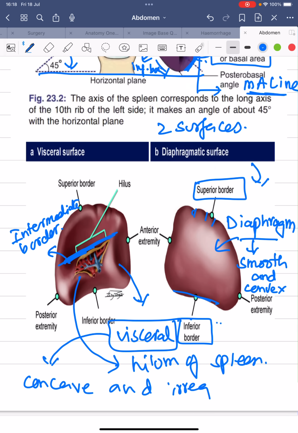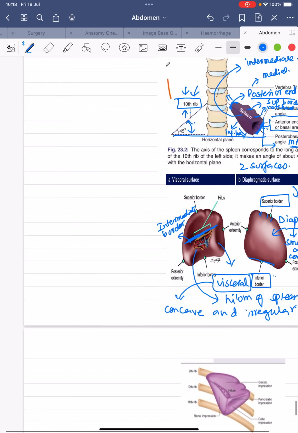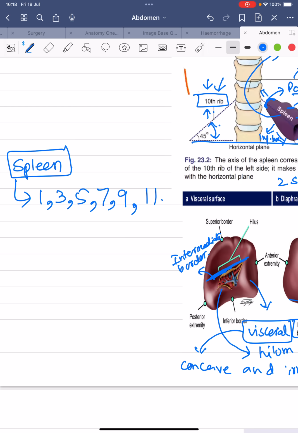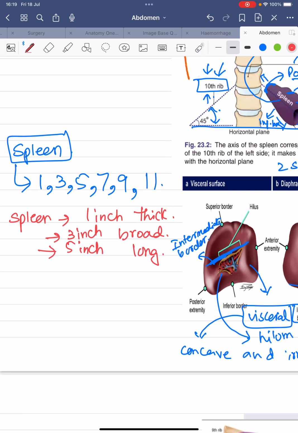Now some important points in relation to the spleen which you must remember is this value: 1, 3, 5, 7, 9, 11. Please remember the spleen is 1 inch thick, 3 inches broad, 5 inches long, and 7 ounces in weight.